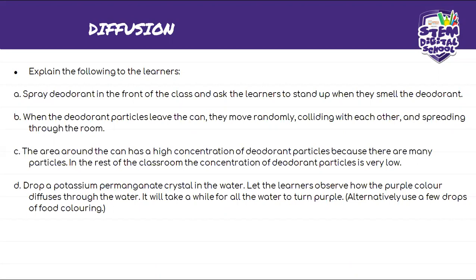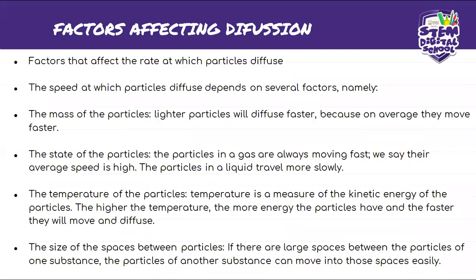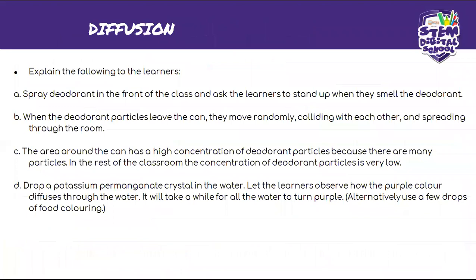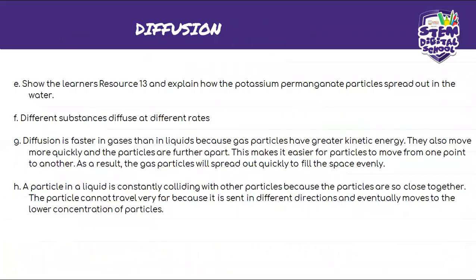When you mix it there, you can see diffusion occurring in a liquid. If we were in the classroom we would have done this, but we have the picture I've given you there.